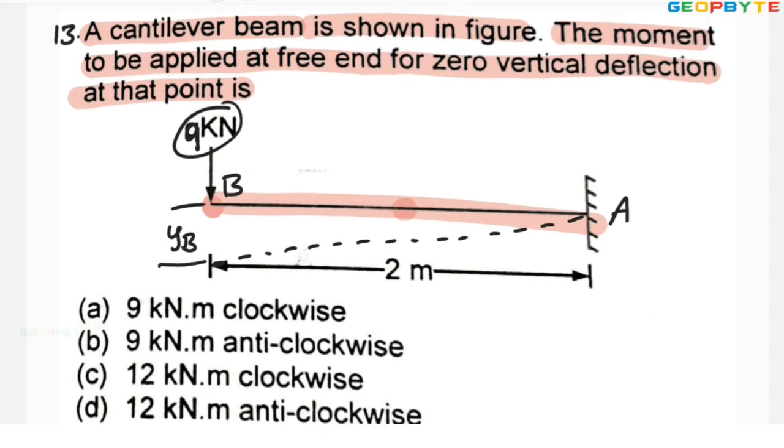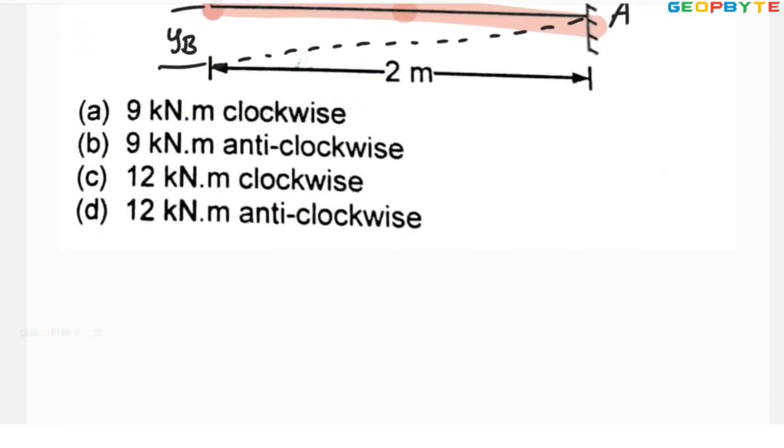As we know, when the cantilever beam is subjected to point load at its free end, the deflection at that free end, YB, equal to WL cube by 3EI. This we study with the deflection of beams.